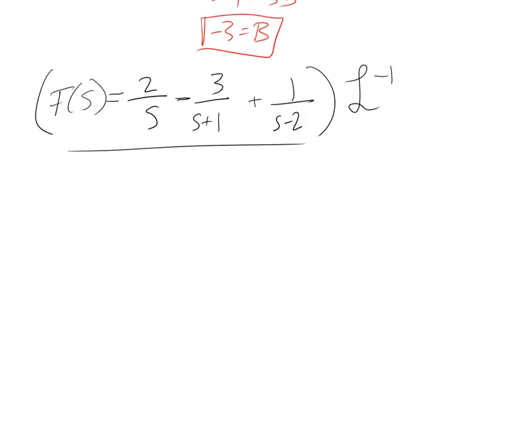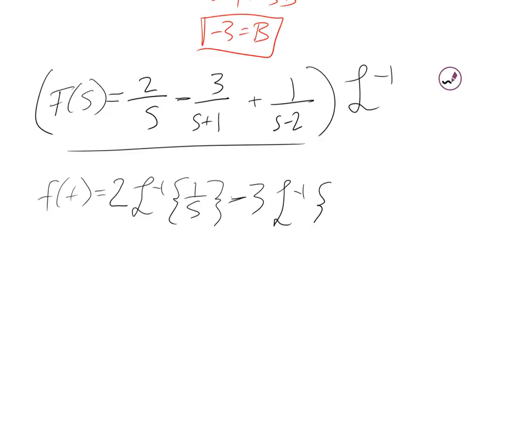That gets us f(t) equal to, well, we can pull out the 2, so we have 2 times the inverse Laplace of 1 over s, because we know how to solve that. And you can pull out the 3 here too: minus 3 times the inverse Laplace of 1 over (s plus 1), plus the inverse Laplace of 1 over (s minus 2).